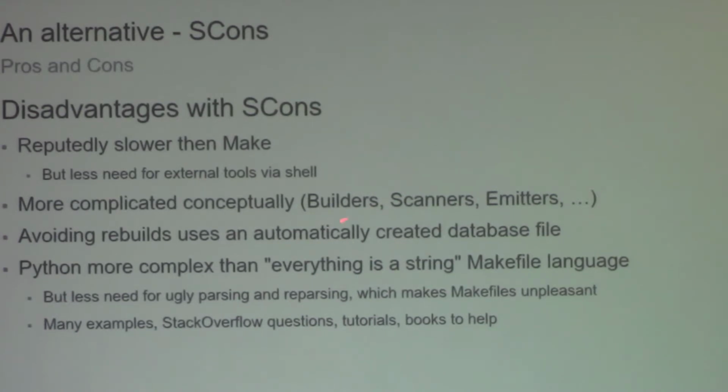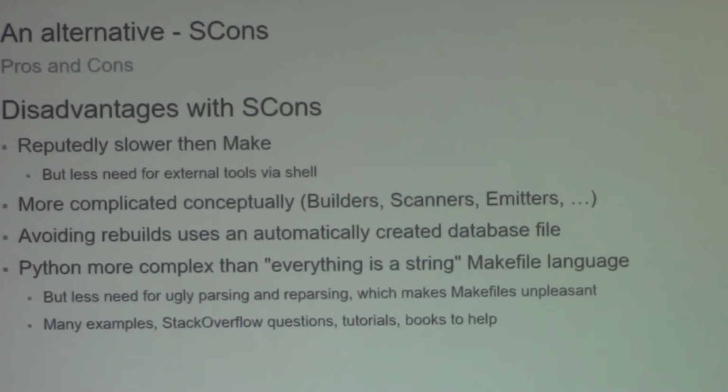Conceptually, it's a bit more complicated. Now I have various different classes, and I've defined some of these. Avoiding rebuilds uses a database file that they create. If you routinely wipe your workspace before you start building anything, then you will lose this file, and then you'll rebuild everything. If you're routinely wiping your workspace, that's probably what you want, so it's not such a big problem.